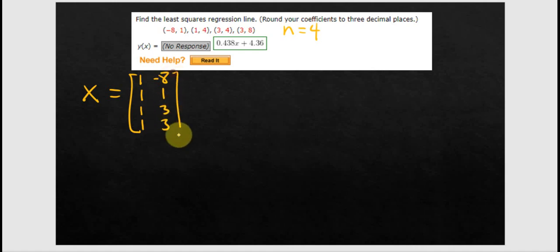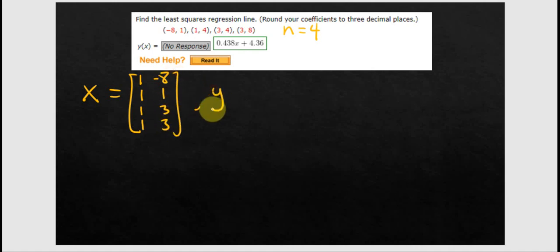So we look at these points. I'm going to build that matrix X. I have 1, 2, 3, 4, so n is equal to 4. I'm going to put the first column 1, 1, 1, 1. Then I'm going to put the x values, -8, 1, 3, and 3.